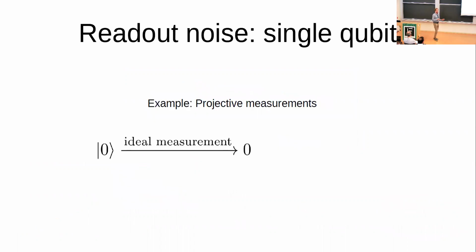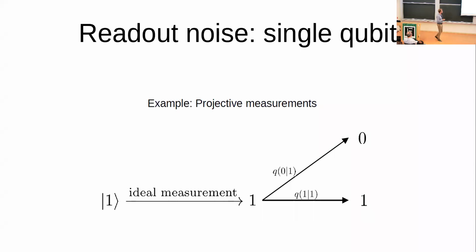And just to give you a very basic intuition, what can go wrong when you measure a quantum system? Say that you have a qubit that was prepared in the 0 state, and the ideal projective measurement in that basis should give a value that tells you that the qubit was in that state. But due to various reasons, in reality, there is a non-zero probability that you will actually observe the other outcome that corresponds to the other state of the qubit.